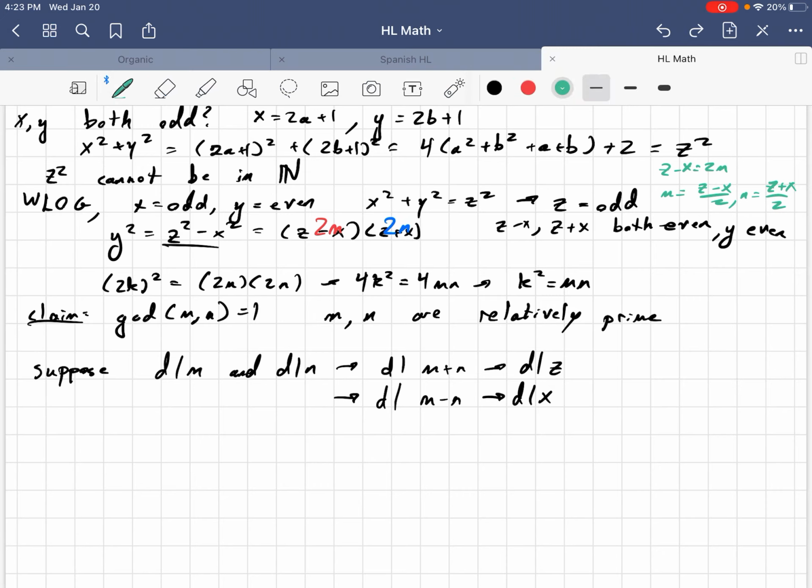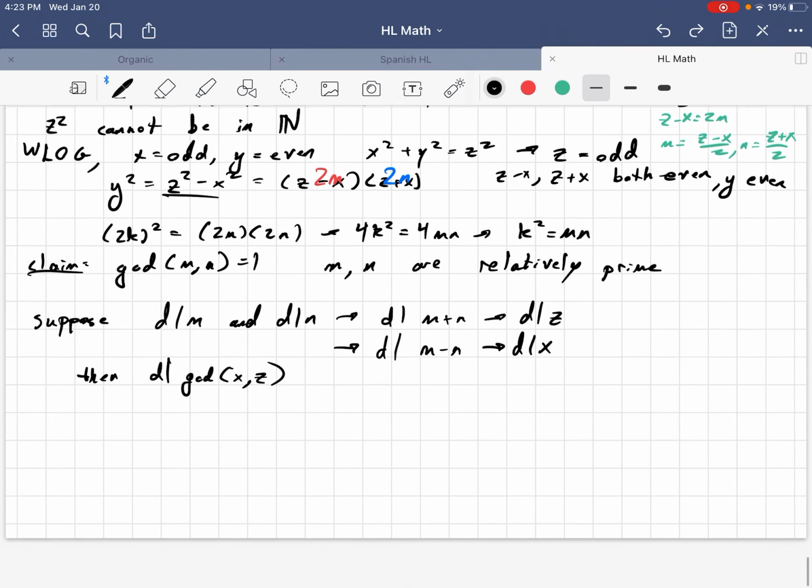So if d divides z and d divides x, then d divides the greatest common divisor of x and z. It's going to divide any common factor that they have between them. And so if we're concerned about the greatest common divisor, then let's use the GCD of x and z.